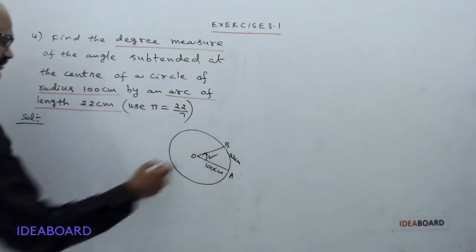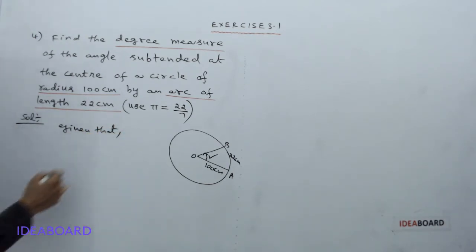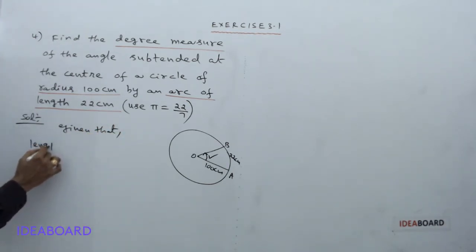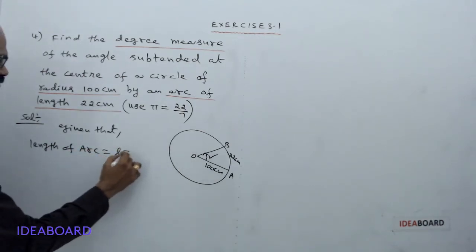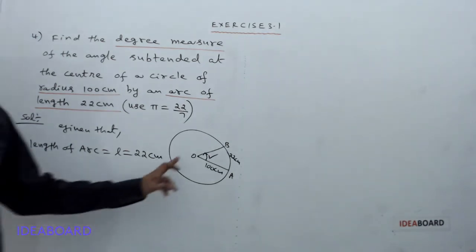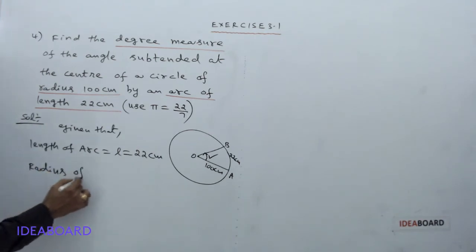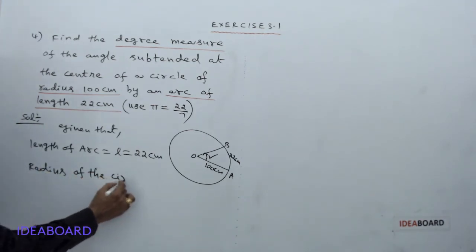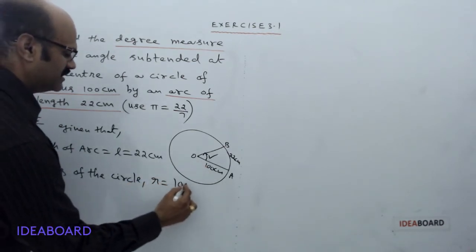Given that length of the arc L equal to 22 centimeter. Radius of the circle R equal to 100 centimeter.